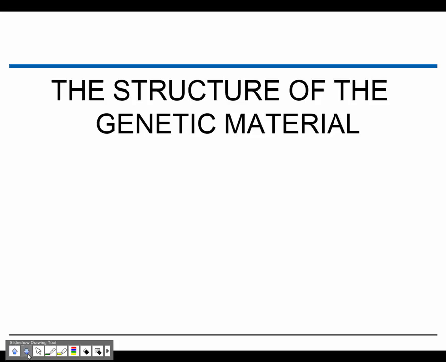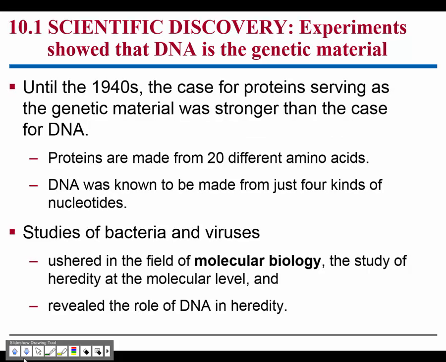So the structure of DNA. Before DNA was discovered, they used to think proteins were the genetic material of the cell, the proteins that were passed down. Proteins are made from 20 different amino acids, and DNA was only known to have 4 kinds of nucleotides, so this made a little more sense to people.